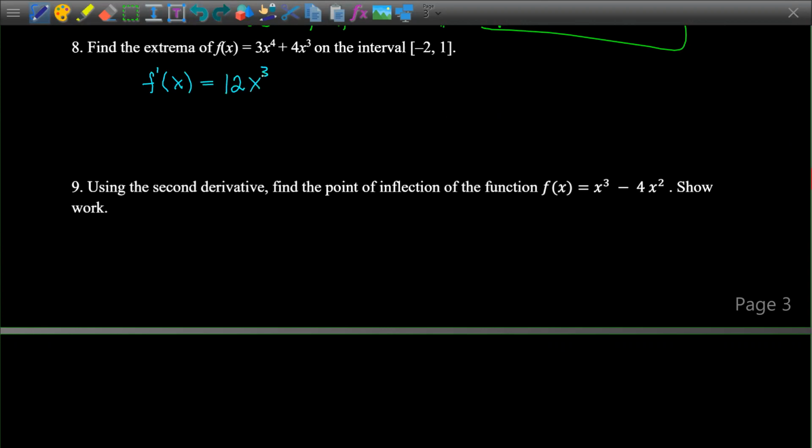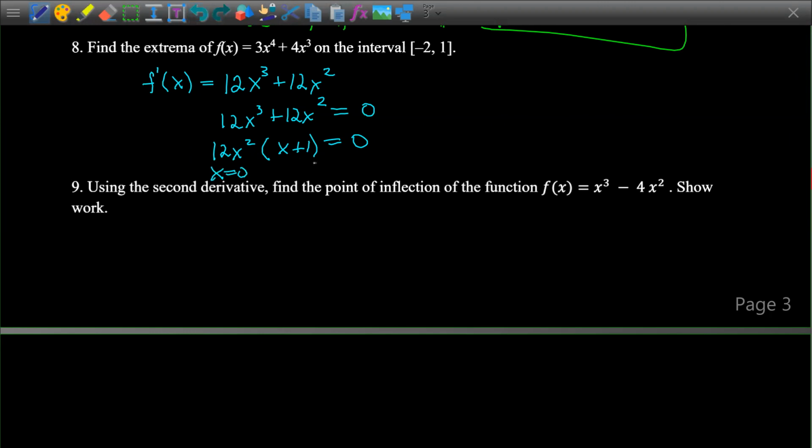So we have 12x cubed plus 12x squared as f prime. So we'll set that to 0 and solve. I'm factoring that. And you can see that if you set that first factor to 0, then x would be 0.